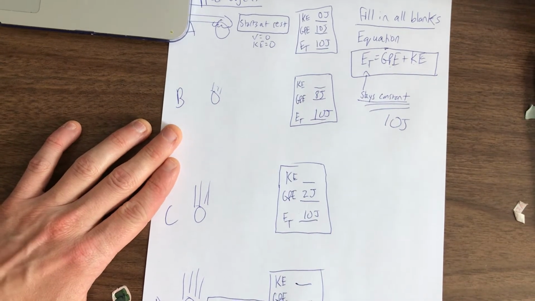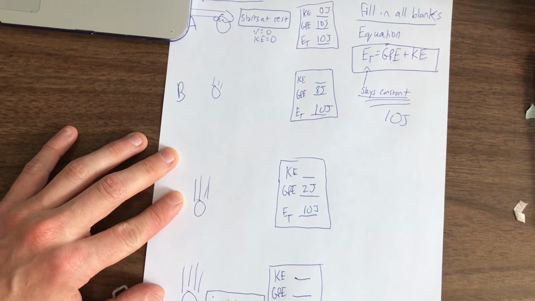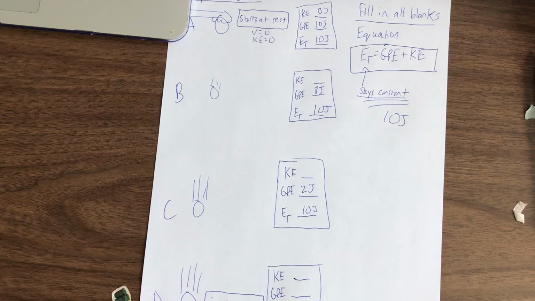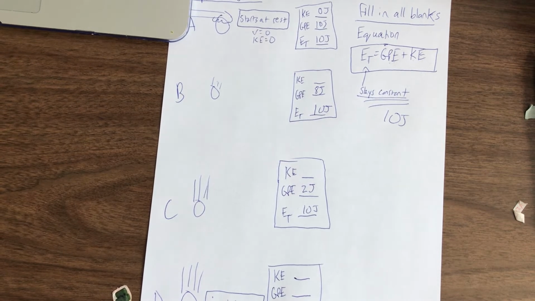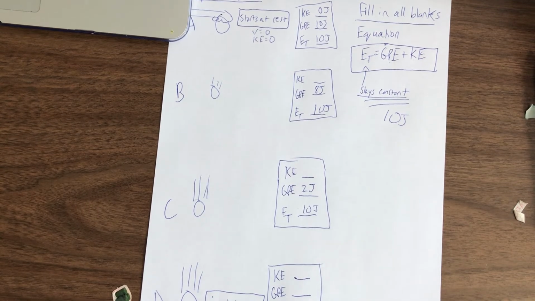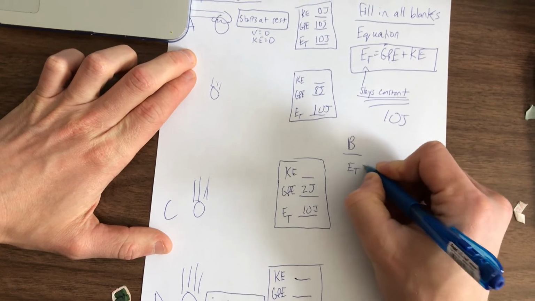All right. Now, letter B and C, it looks like we only have one missing blank. So let's see how we could figure out what the KE is at letter B and then at letter C. All right, so for letter B, we could use our formula.